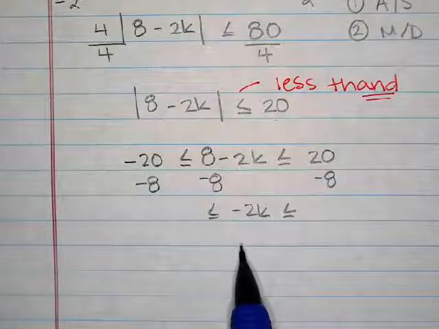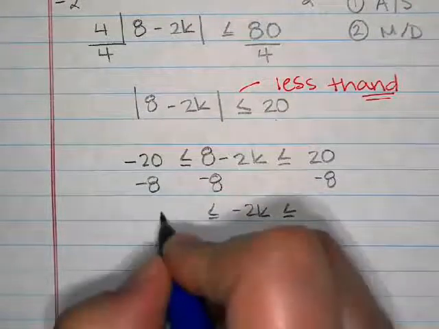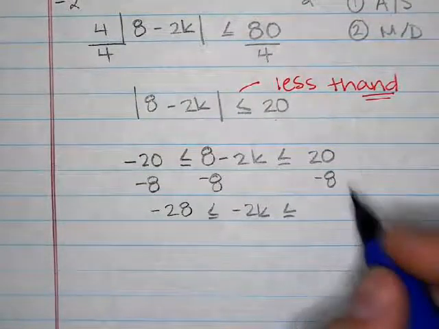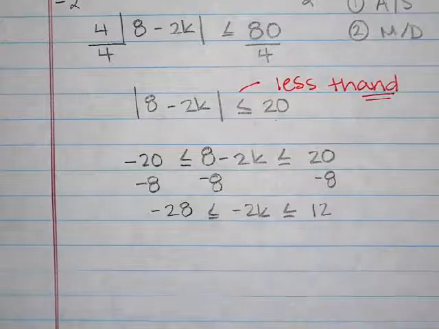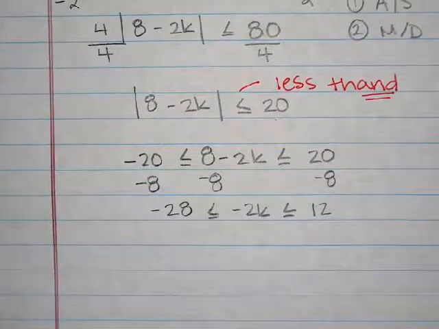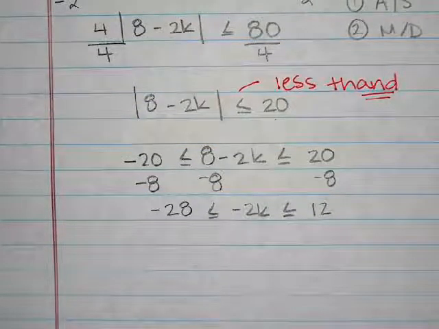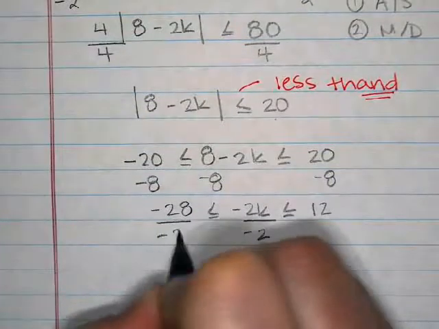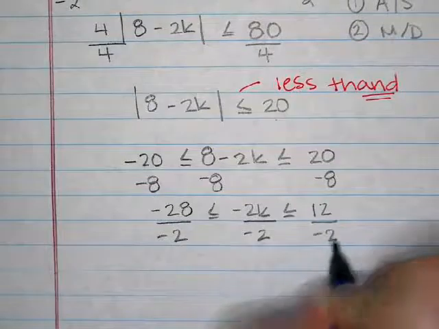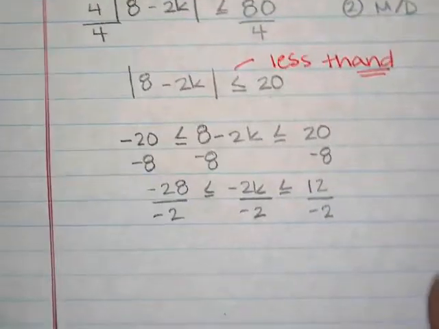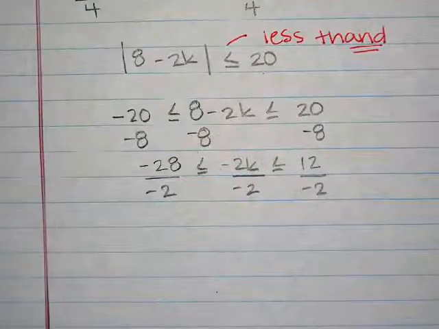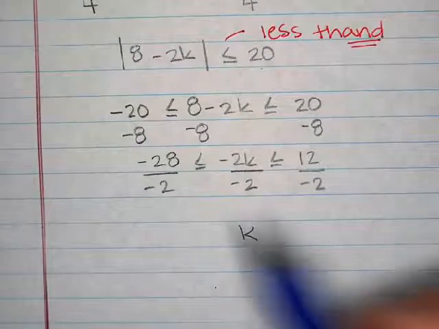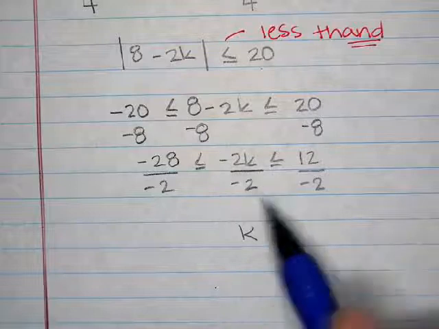Yeah, negative 28 and positive 12. Okay. And then what do we have to do? Divide by negative 2. Okay, and then when you divide by negative 2, what happens to your symbols? They switch.